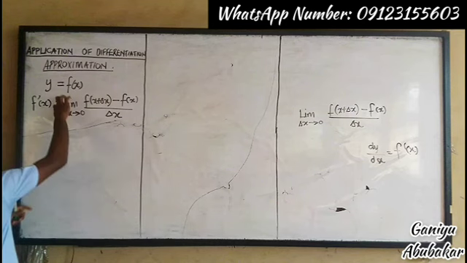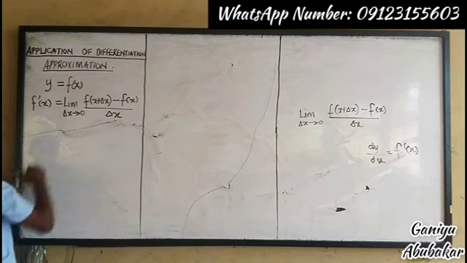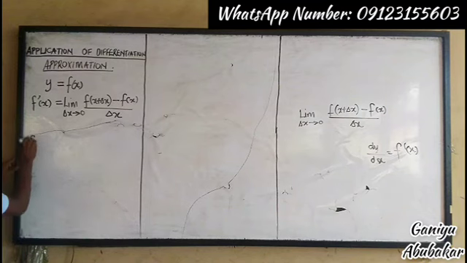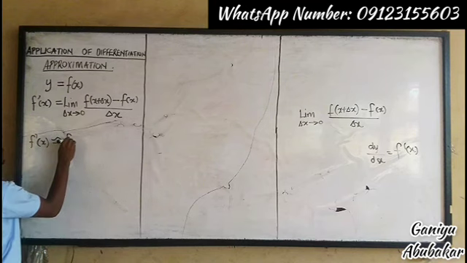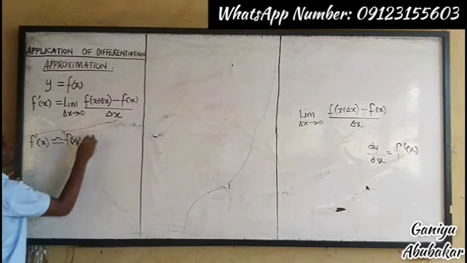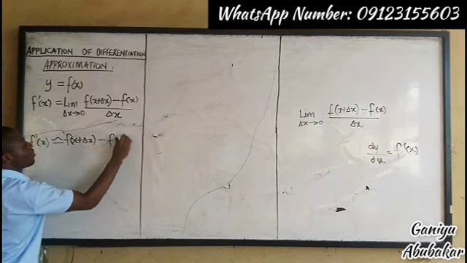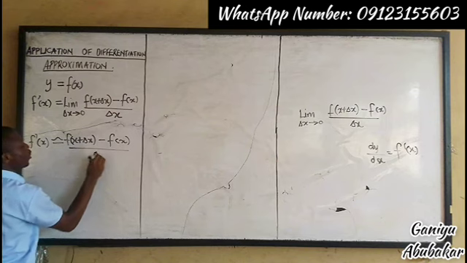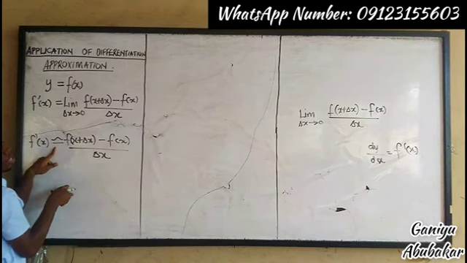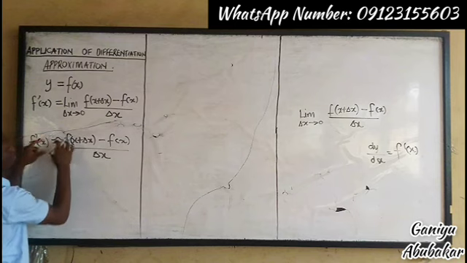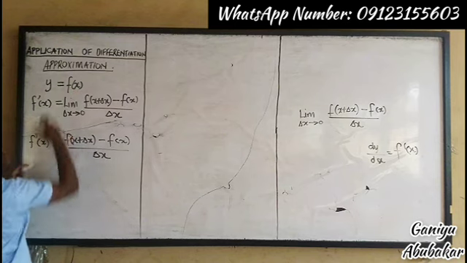That becomes f prime of x approximately equal to f of x plus change in x minus f of x all over change in x. I just change it to the approximation symbol because we're dealing with approximation.